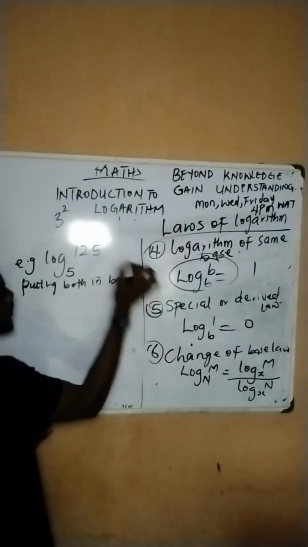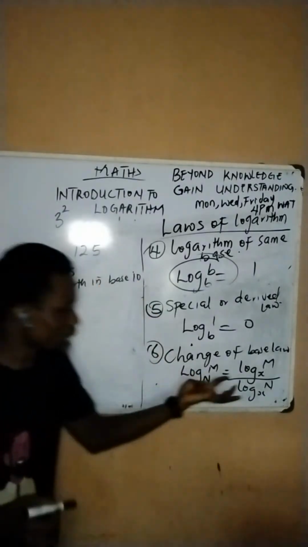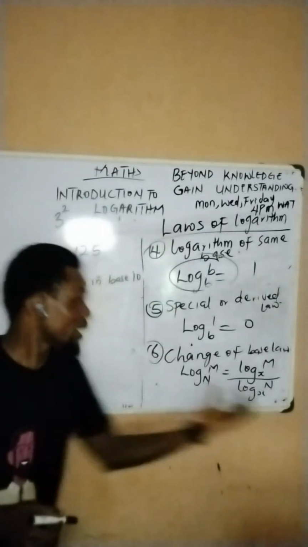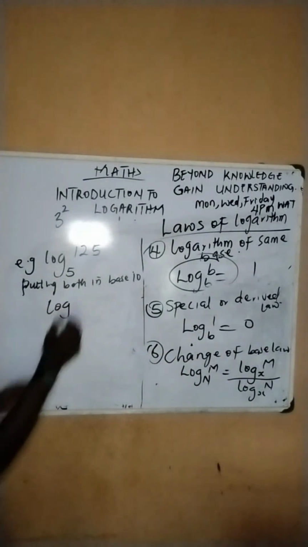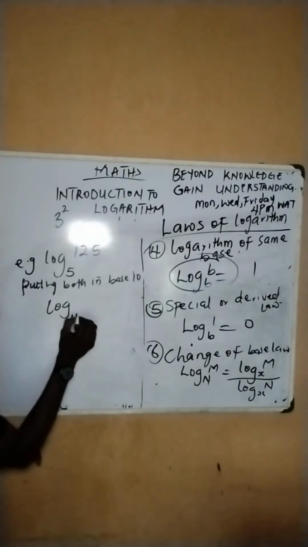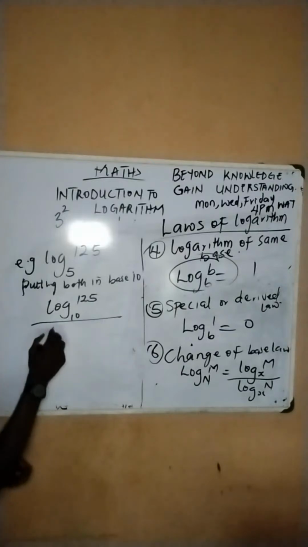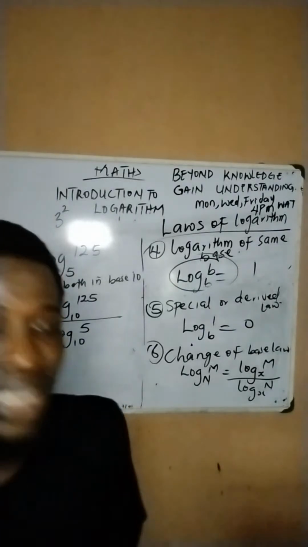Base 10. I want to put each of these expressions in base 10. And remember, once I attach a new base, this value here will now become the numerator, then this over the base here becomes the denominator. So it becomes log, putting the new base, which is what? Base 10, and then have your 125, divided by what? Log, still base 10, and then you have your what? 5.